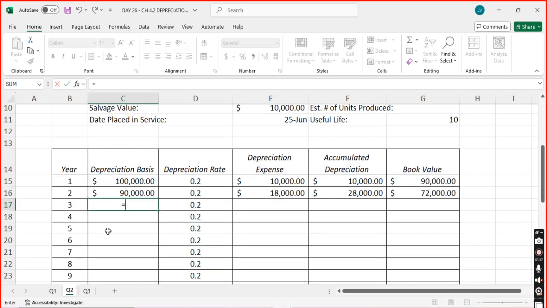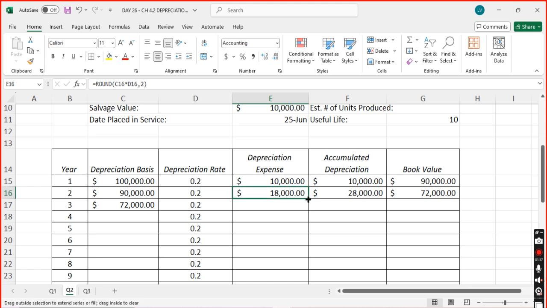Good. So let's do one more year, and then I'm going to forward through because it's just rinse and repeat. So what is my depreciation basis for year 3? Okay. Again, what is 20% of 72,000 for the third year? 14,400.